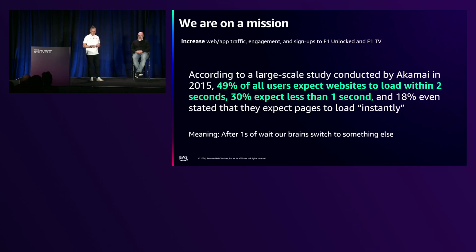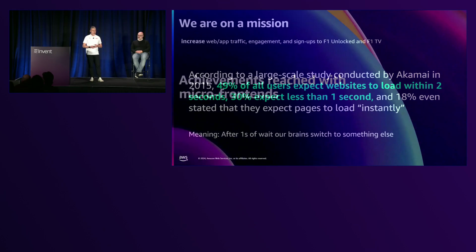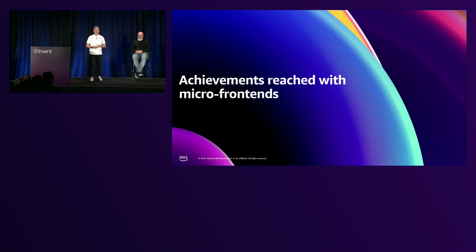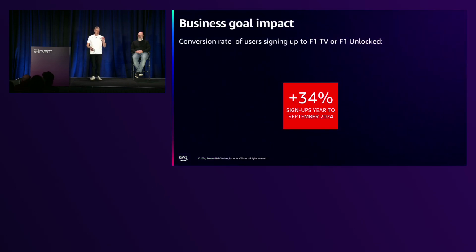No, maybe not. So let me begin with what we achieved by introducing micro-frontends. First and foremost, the business aspect. I mentioned that we wanted to increase web and app traffic. There's a number there on the screen, plus 34%, and that counts only the additional subscriptions and sign-ups to F1 Unlocked and F1 TV from January to September this year.